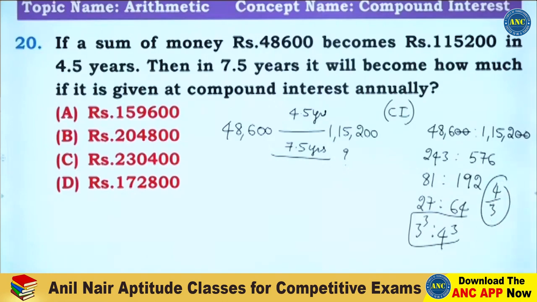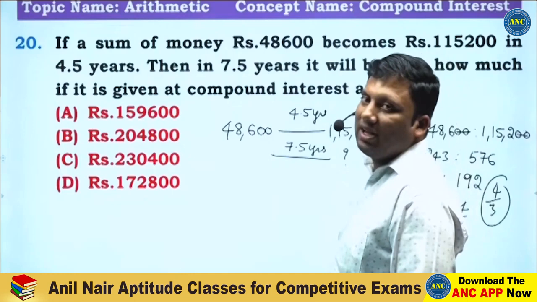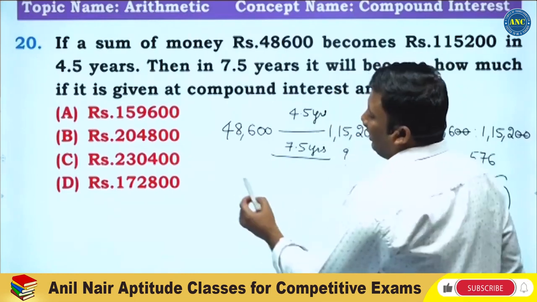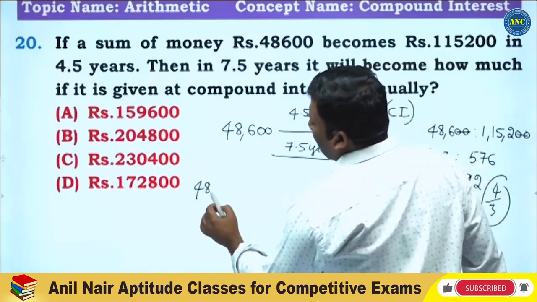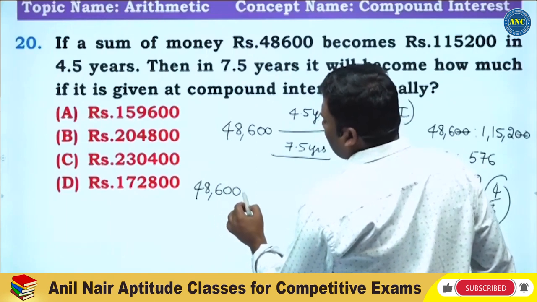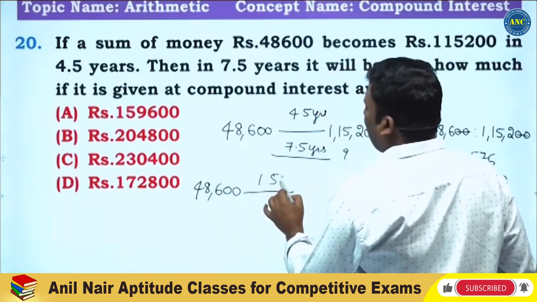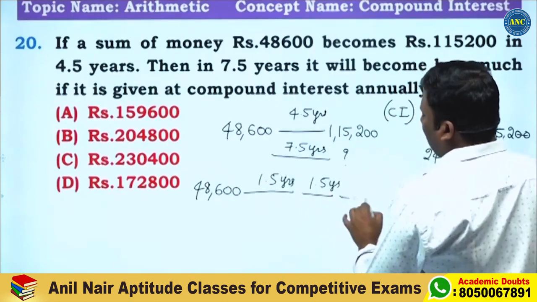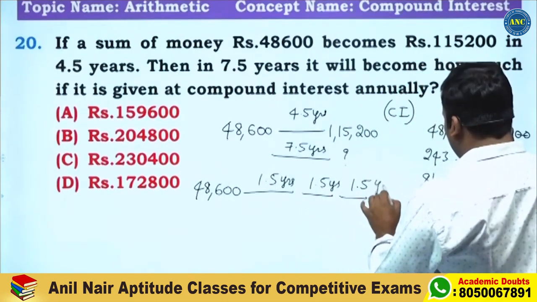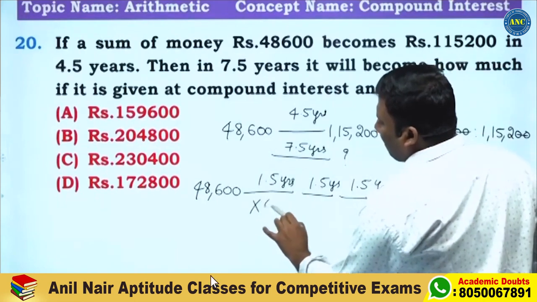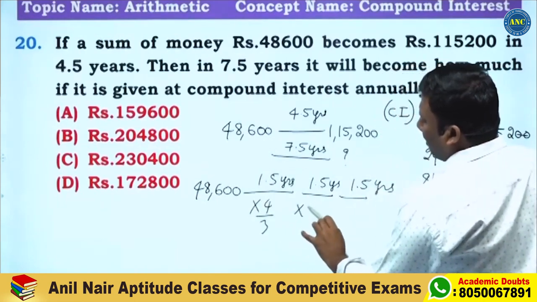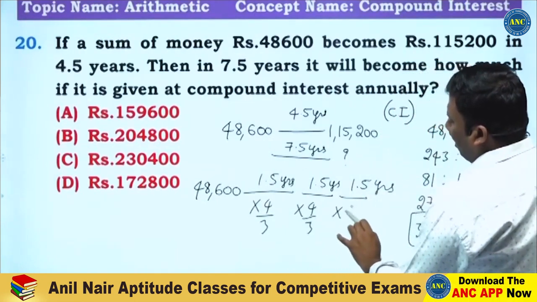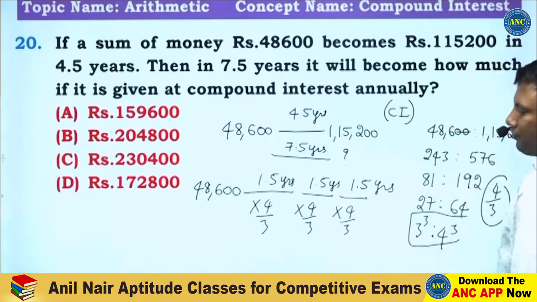For every 3 equal parts, 4.5 years divided into 3 equal parts. 48,600 after 1.5 years, after 1.5 years, after 1.5 years. Are you all with me? The scaling factor will be into 4 by 3, into 4 by 3, into 4 by 3.